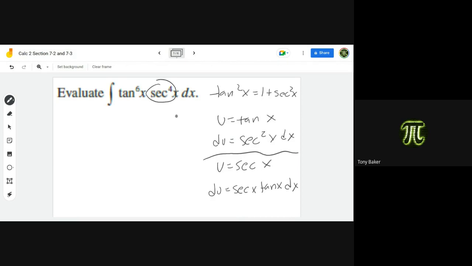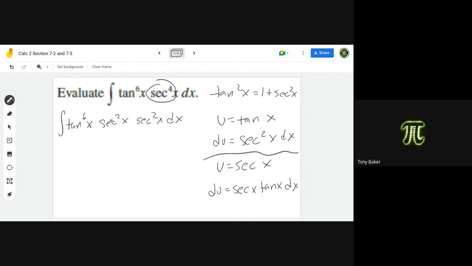So if I split off a secant squared x, I can then change the other one to tangents. So I can rewrite this one as tangent 6x, secant squared x, secant squared x, dx. So then I can use this one here.